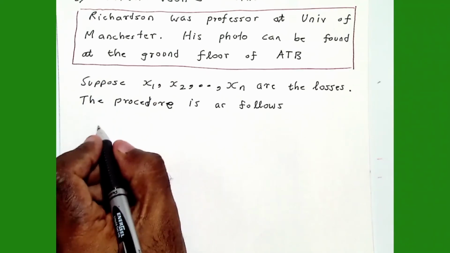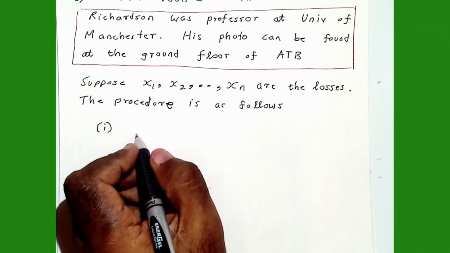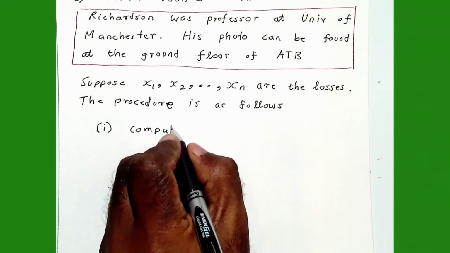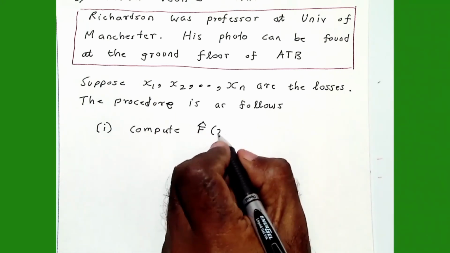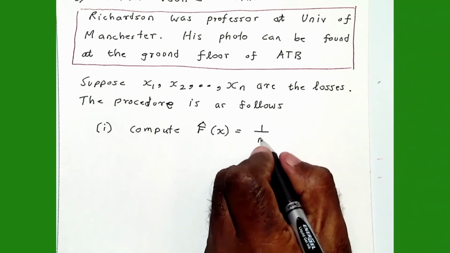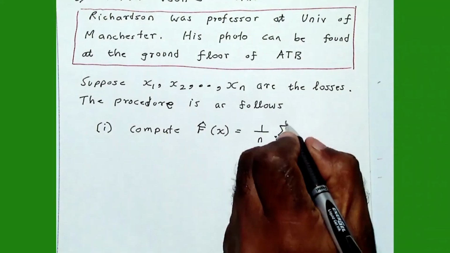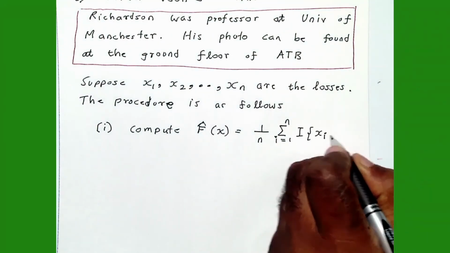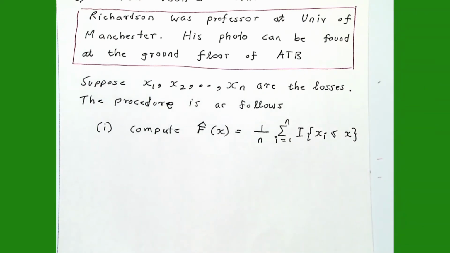Step number 1 is to compute f hat, which is the empirical CDF of the losses. Okay, right.